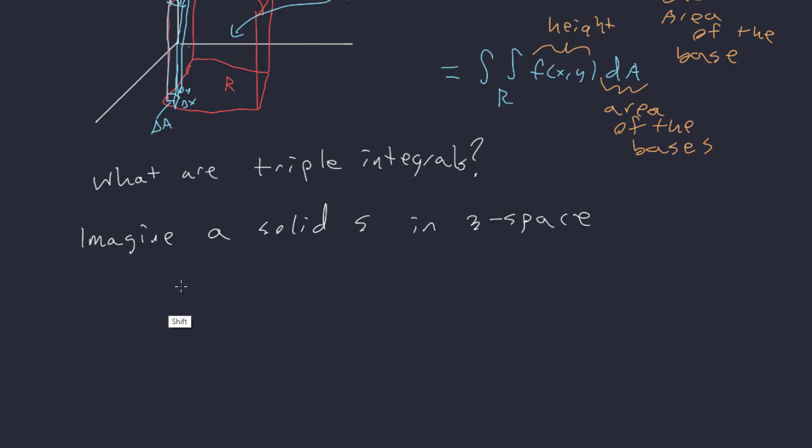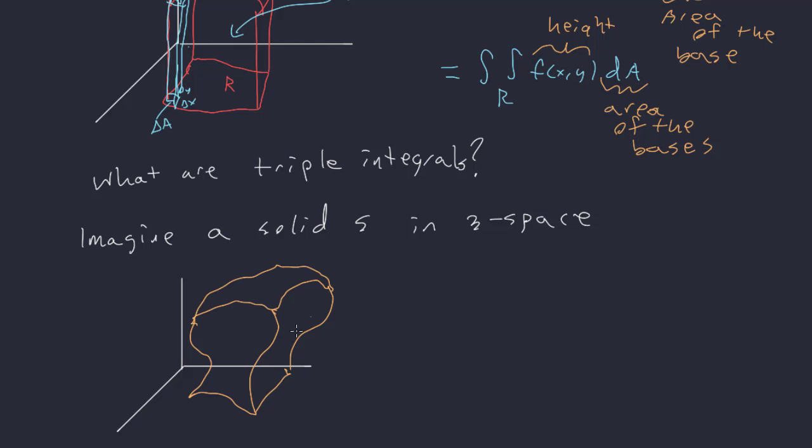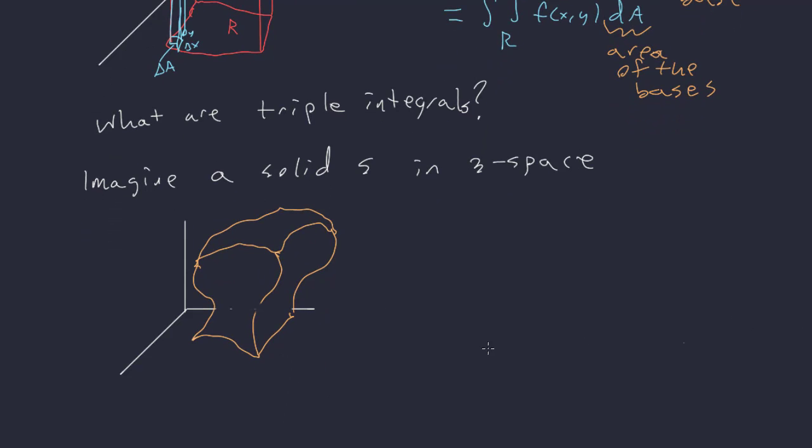Okay, so if we make our coordinate system here, suppose we have some sort of solid. Who knows what it looks like? Okay, so suppose this is our solid. Okay, so let's say that this is our S.